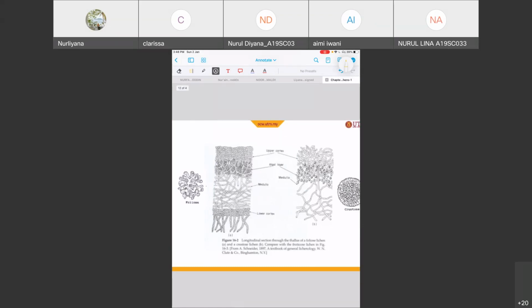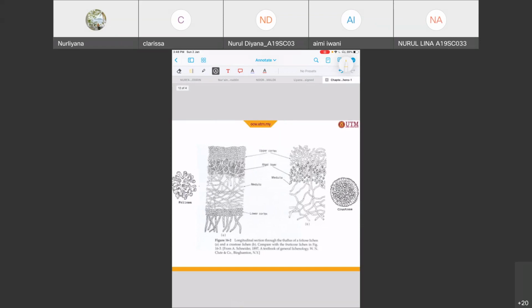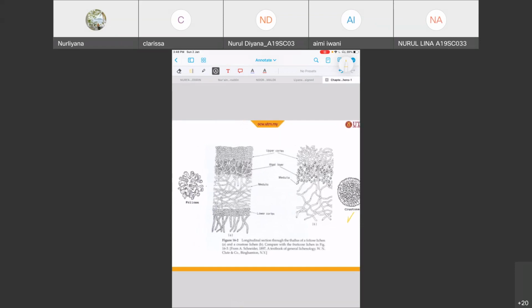Okay, these are the things that came out in your quiz just now. This is crustose, the crust-like structure of your lichen. These are the foliose. So you can see that there are some lobes, and it is leaf-like.